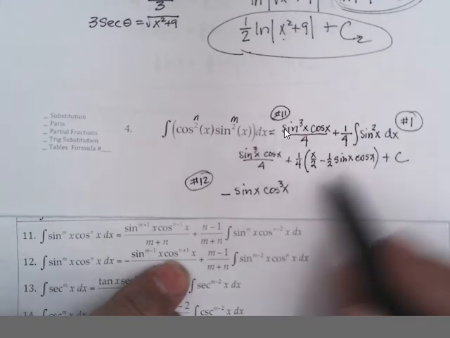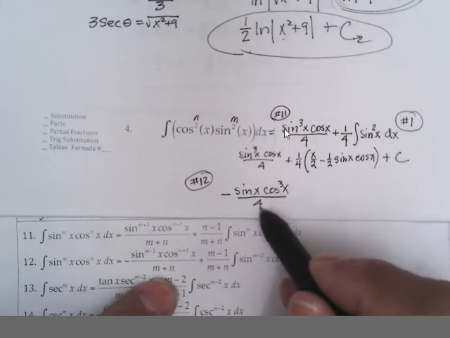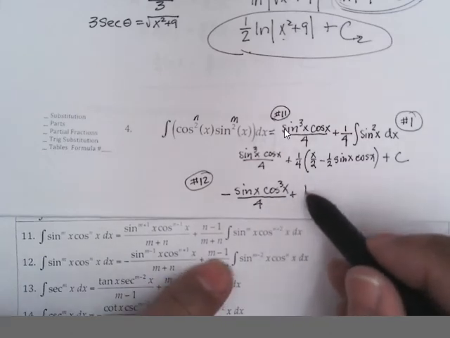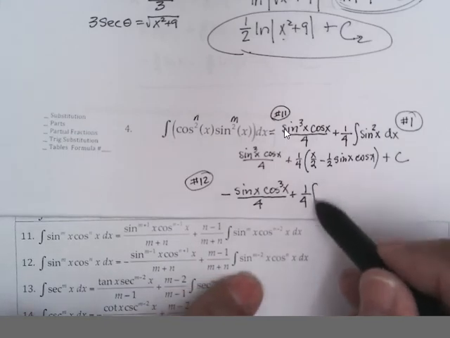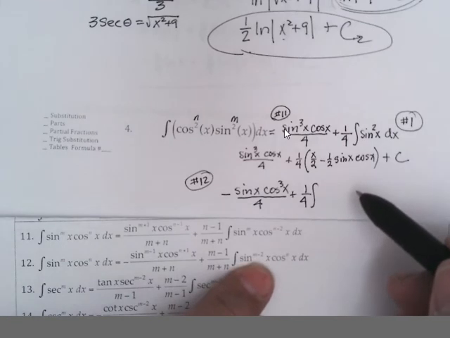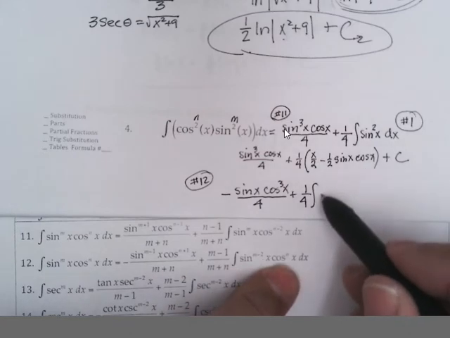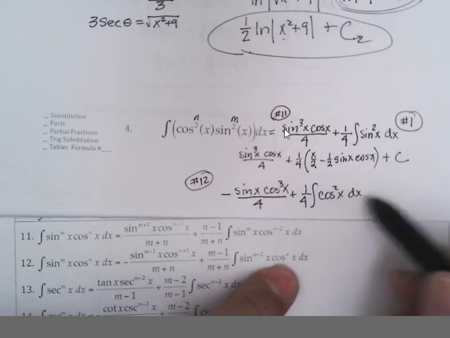Trig identities would show that these can be shown to be equal. Over 4 plus 1 less than m. m was 2, so now it's 1 over 2 plus 2 is 4. The antiderivative of sine was 2. If we reduce it by 2, it goes to 0. So sine to the 0 we're going to call 1, and cosine stays the same, so cosine squared x dx.